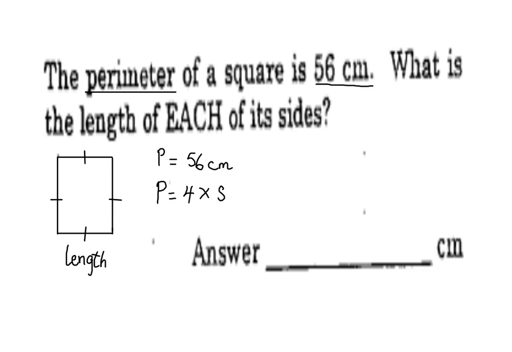If we divide the perimeter by 4, we're going to figure out what number we multiplied 4 by to get 56. That number is the length of the side of the square. So to get the length of the side of the square, you have to divide your perimeter by 4.